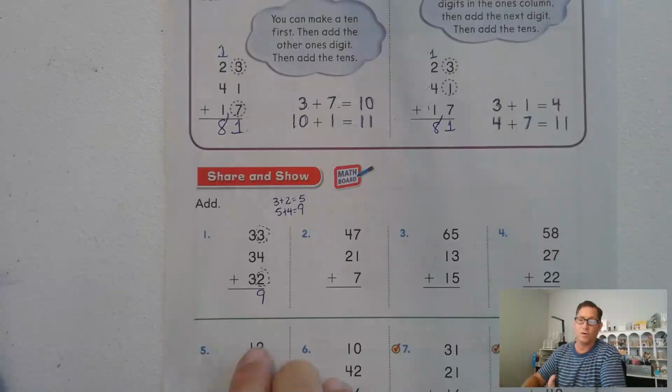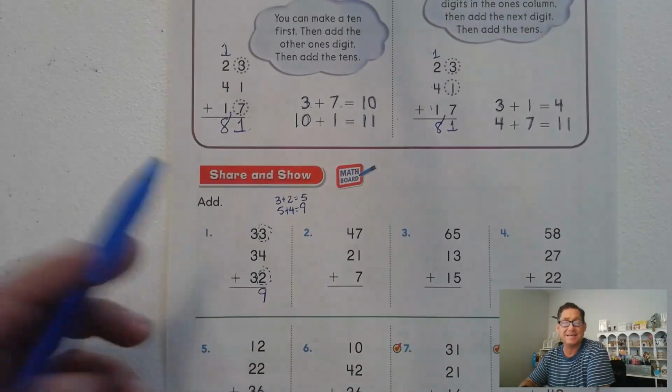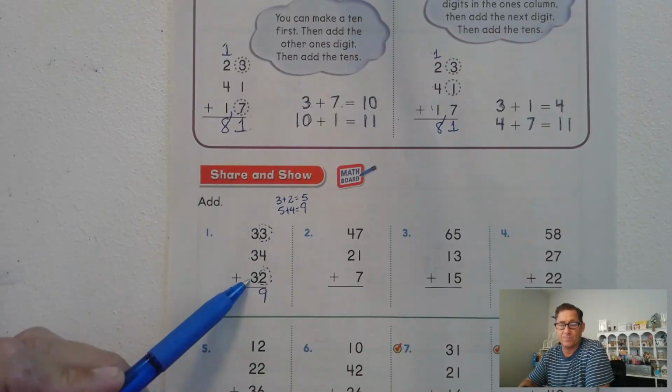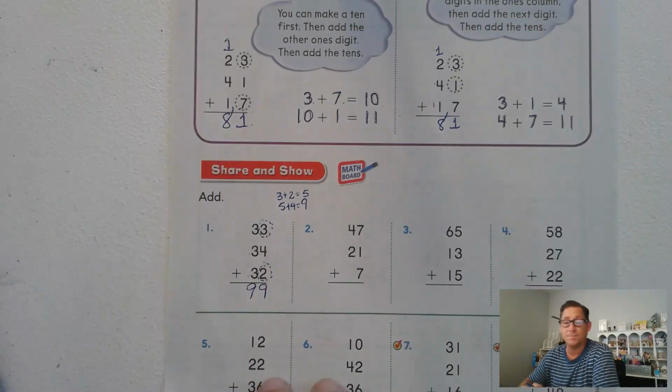Okay, so 9 ones. We don't have to regroup 9 ones. Now let's just add the tens, I'm sorry. 3 and 3 is 6. 6 and 3 more is 9. Okay, then we don't have to regroup.